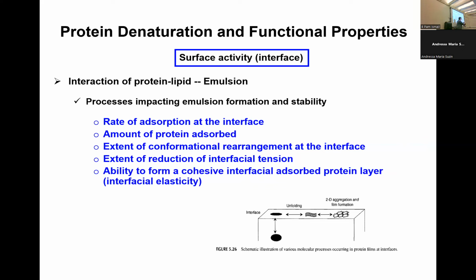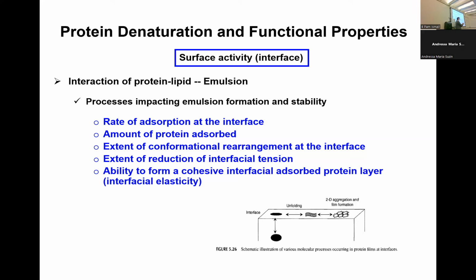How many molecules of protein form that film around the oil droplet or the water droplet? How efficiently can the protein orientate itself, hydrophobic to the oil and hydrophilic to the water? And how capable is the protein of reducing the interfacial tension?